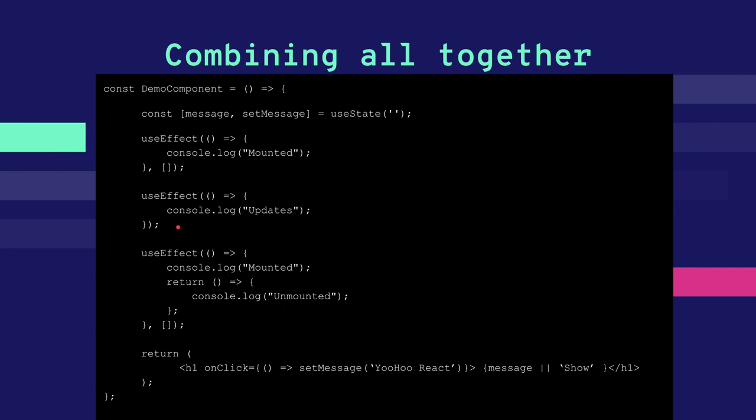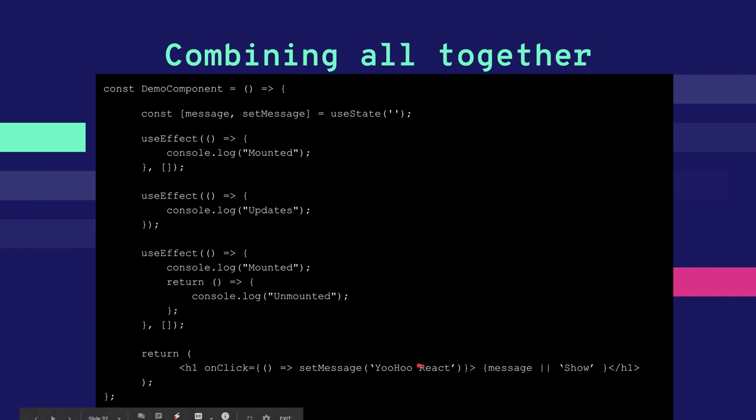And if there is any update in your component, then this update console will be called, right? And finally, this is going to return or render this particular element. I want to render an h1, and it renders a message or a show text. Message is a state and show is your static word.